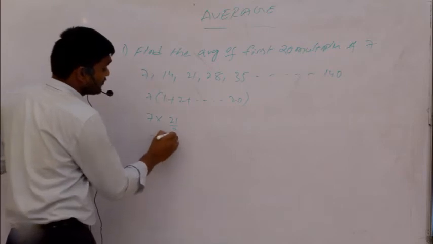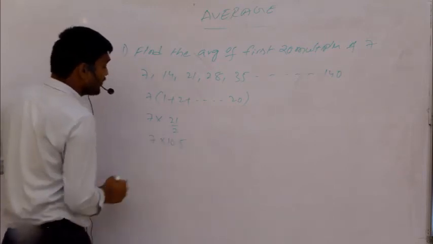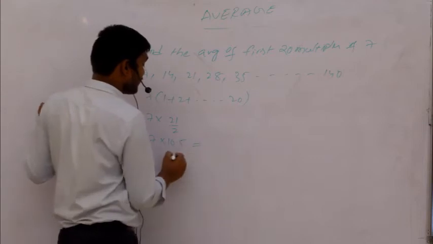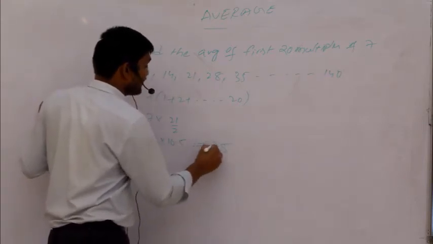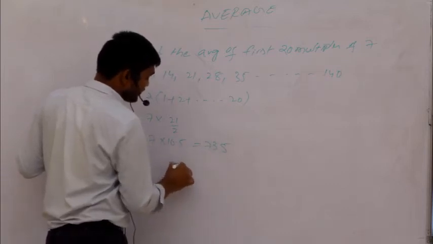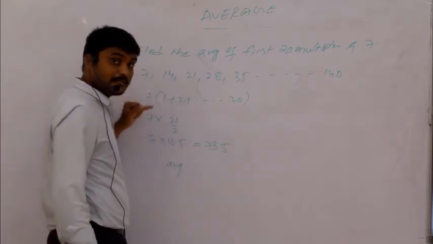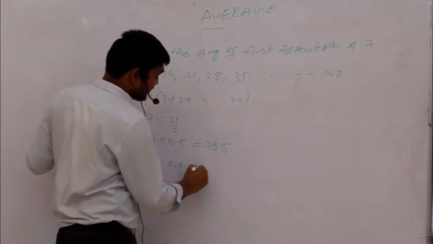So 7 into 10.5 equal to 73.5. So average of first 20 multiples of 7 is 73.5.